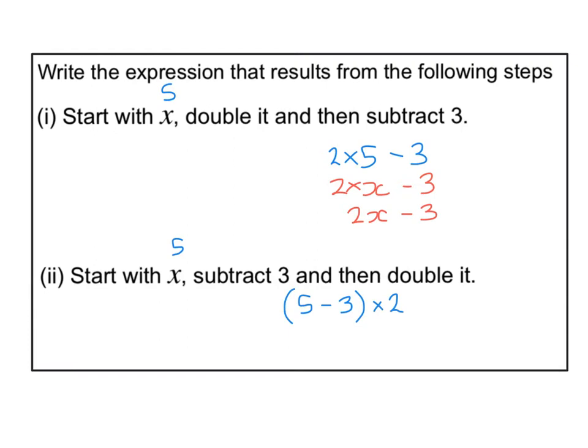So I started with x, I take away 3, and then I double it. That means I'm doubling everything inside that bracket. So x times 2 is 2x, and negative 3 times 2 is negative 6. We'll do more of this in a few videos' time. So it's 2x minus 6.